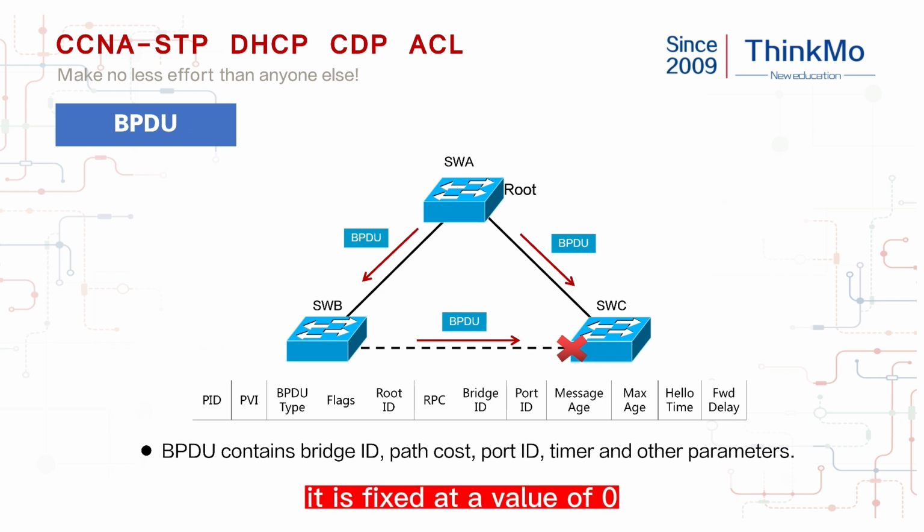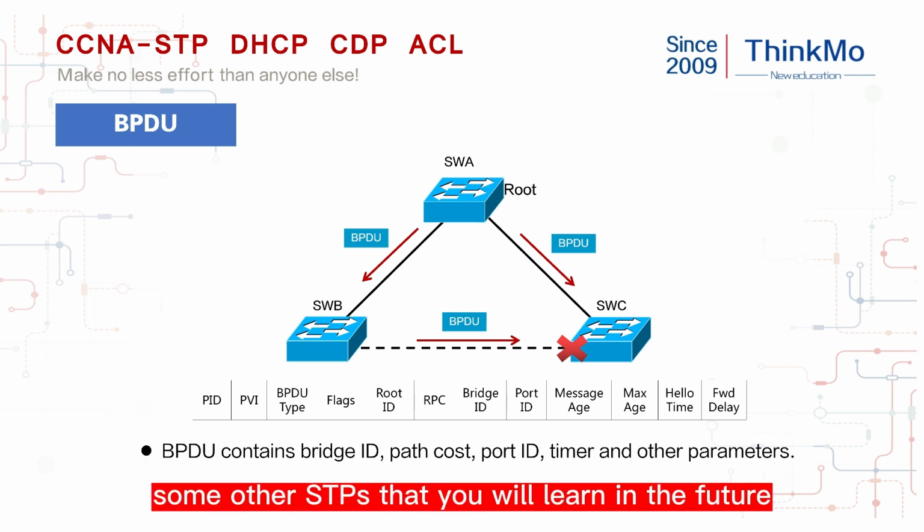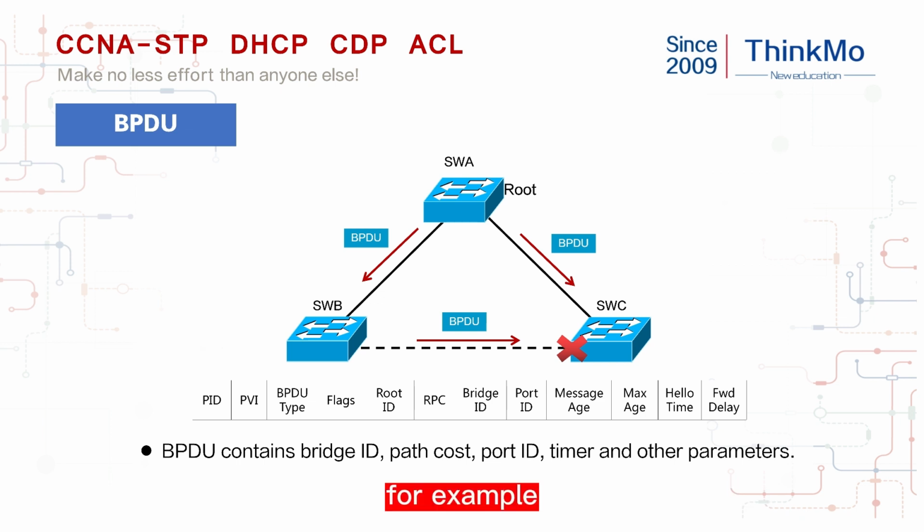It is fixed at a value of 0. PVI refers to the version of some other STPs that you will learn in the future. For example, STP here is 0, RSTP is 2, MSTP is 3. The values here are different, that is, they identify the specific type of STP.